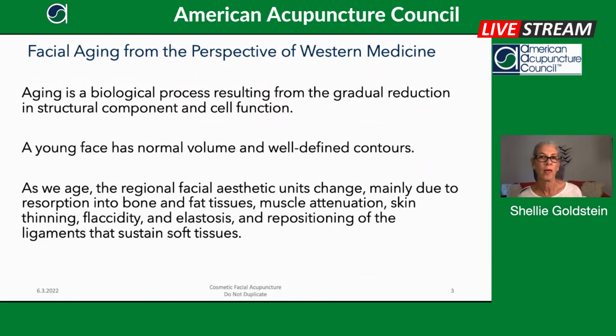From a Western medical perspective, those changes are mainly due to a number of factors: resorption of the bone, fat tissue changes, muscle attenuation, or the changes that occur with the muscles of the face, and then the skin. The skin gets thinner, the skin gets flaccid, it develops elastosis, and then we have ligaments in our face that we'll talk about, and as those shift, they also reposition the soft tissue that they attach to.